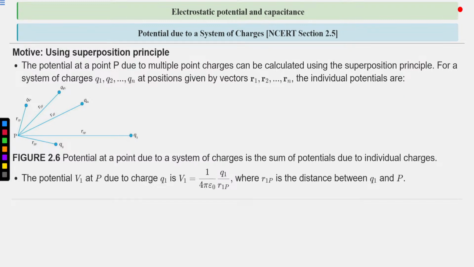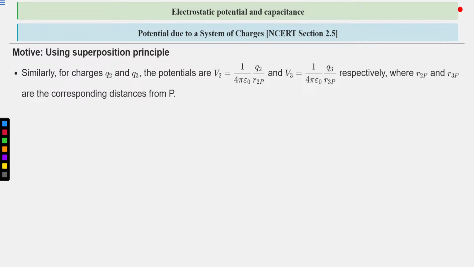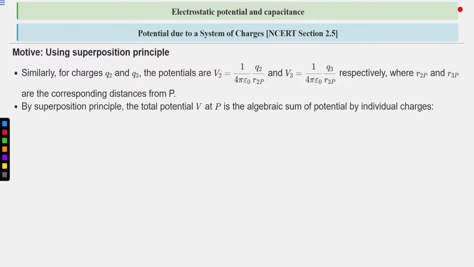Similarly, for Q2 it is 1 by 4 pi epsilon naught Q2 upon R2P. Similarly for other charges, and then we add up all the potentials to get the net potential. Similarly, for charges Q2 and Q3, the potentials are V2, 1 by 4 pi epsilon naught Q2 upon R2P, and V3, where R2P and R3P are the corresponding distances from P.